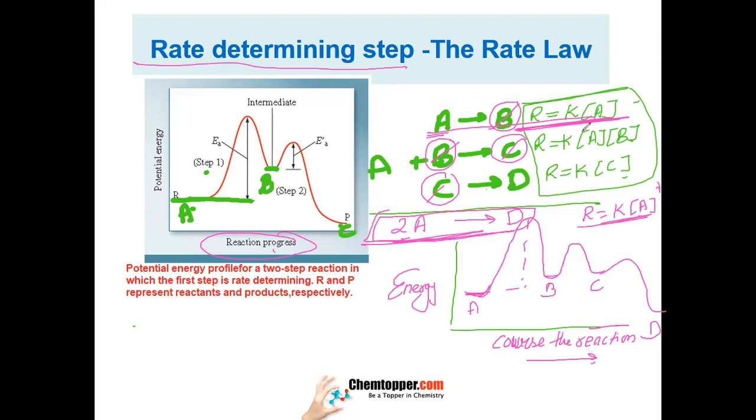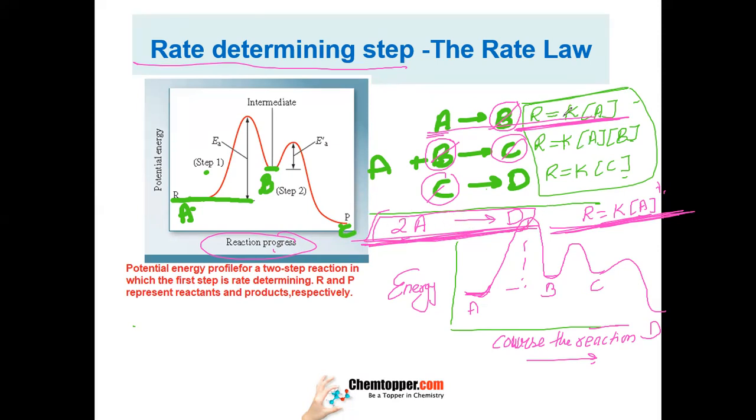This is the rate law for the elementary step, which is valid here. I'm not going to consider 2 here. So, what's the molecularity of this reaction? 1. What's the order of this reaction? 1. But if you look at the overall step, the molecularity appears to be 2. So, there's a difference here, right?